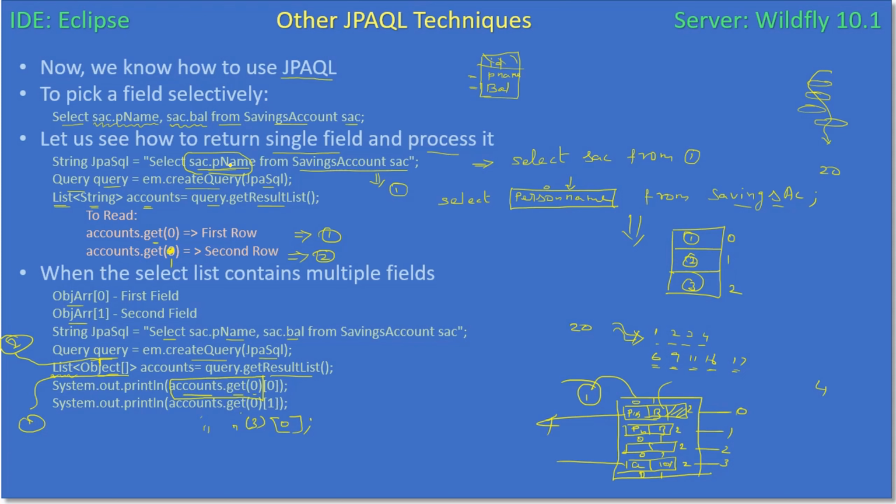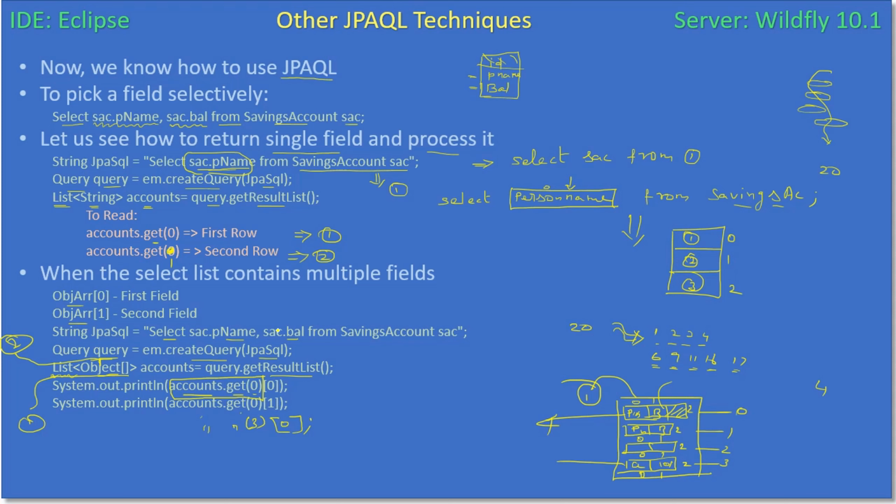So here, if our select list contains a single field, no issues, no object array. Why? Because it's one field, and whatever its data type is, we can make use of the list. So p name is a string, list of String. If balance is an integer, then a list of Integer.